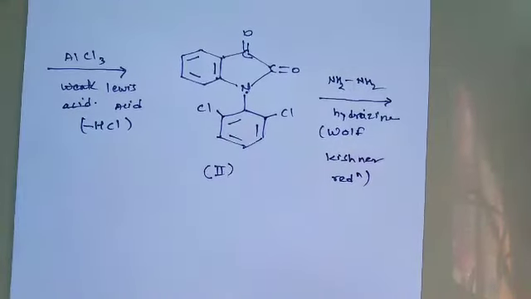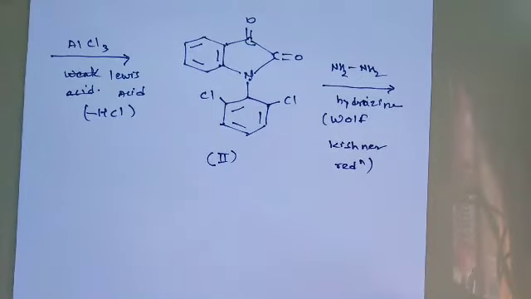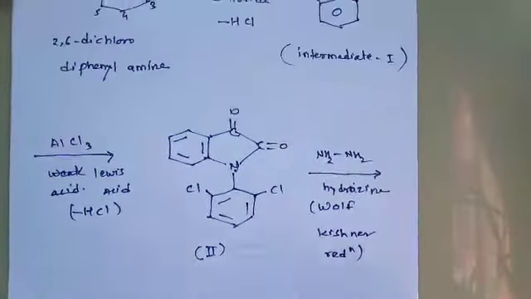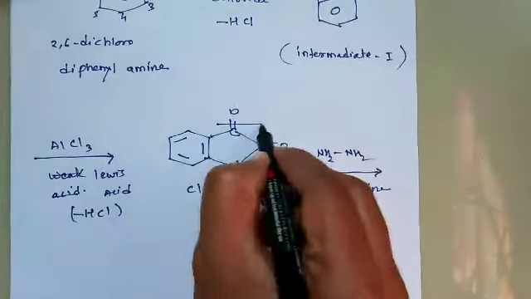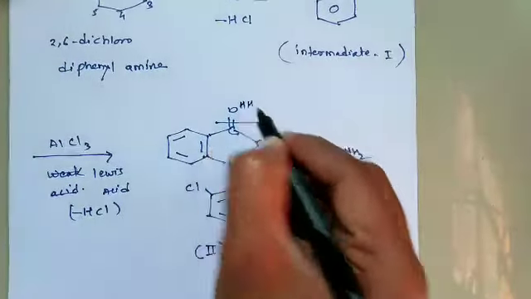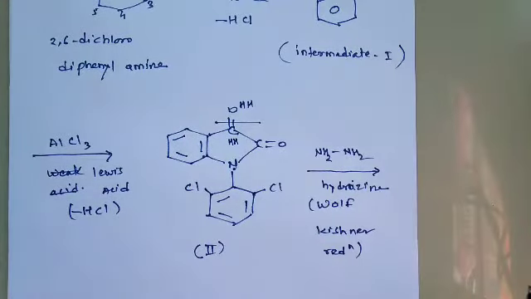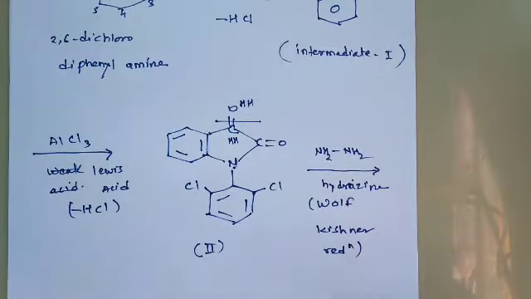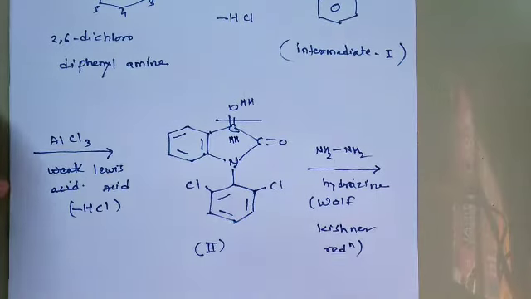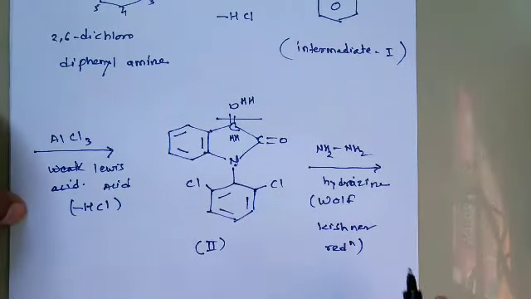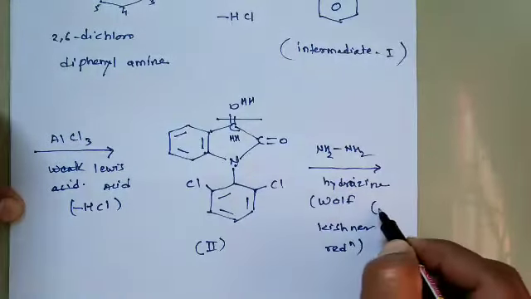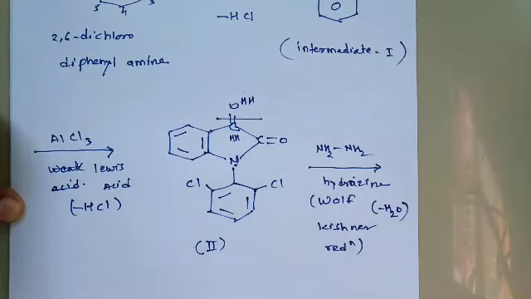After that, you will get, after reduction of this carbonyl compound, simply 2 hydrogen and 2 hydrogen, we have to add across the C double bond O, and C double bond O is converted into CH2 and the removal of water molecule takes place.